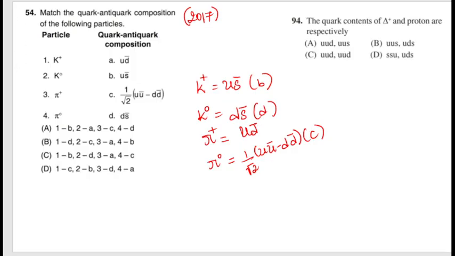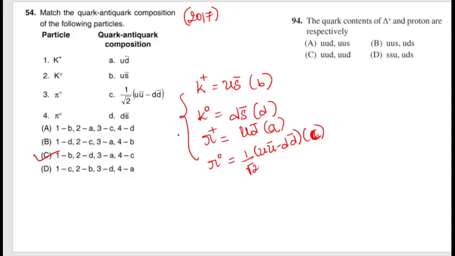Now let us match the following. First it is pi positive, which is A. B, D, A, C. So the third option is correct here. We will tick the third option, and these are the easiest questions you can solve by looking at the third slide.